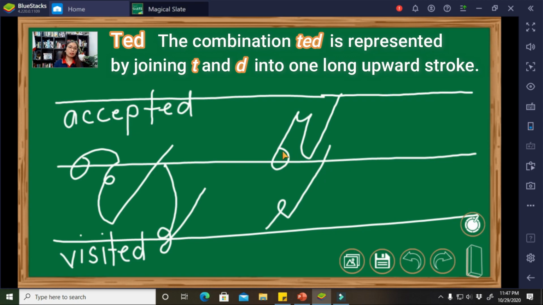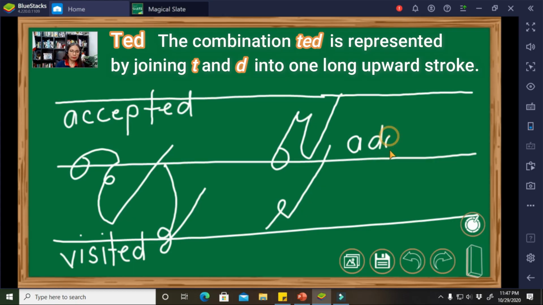What about this one? This is a big circle, letter A, and then an upward straight line two-thirds or three-quarters. That is letter D. And this is your O, and then P and TED. So that is "adopted."